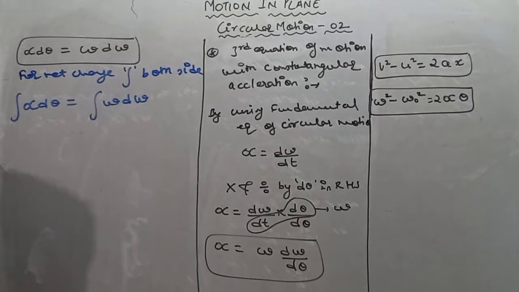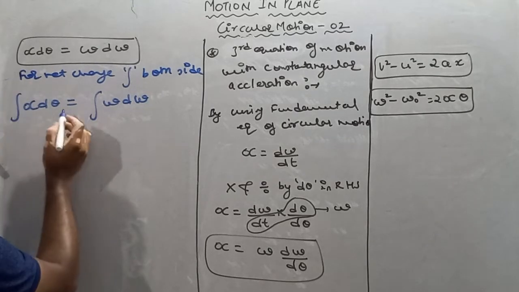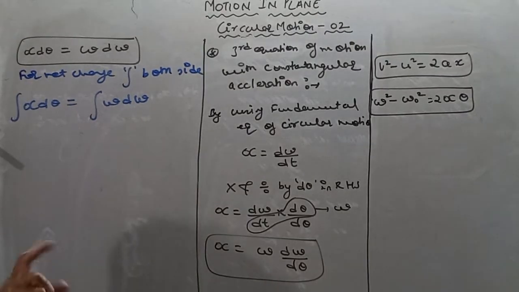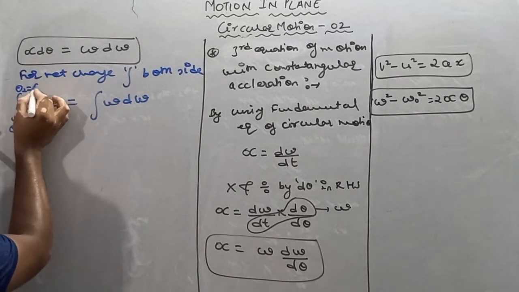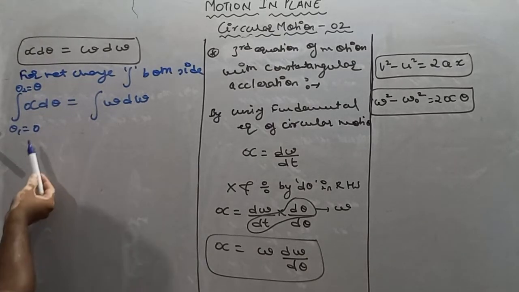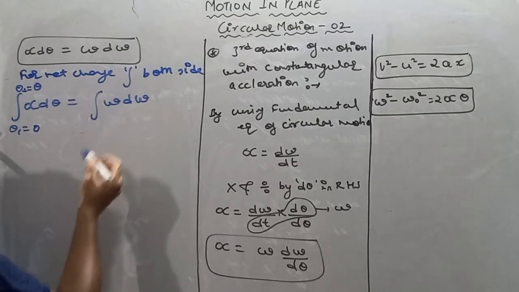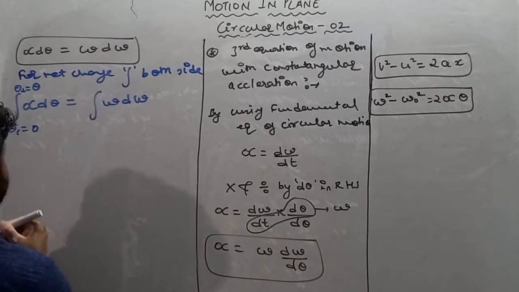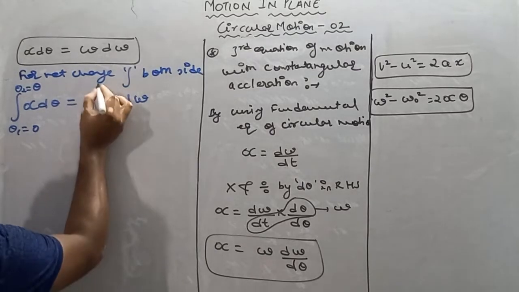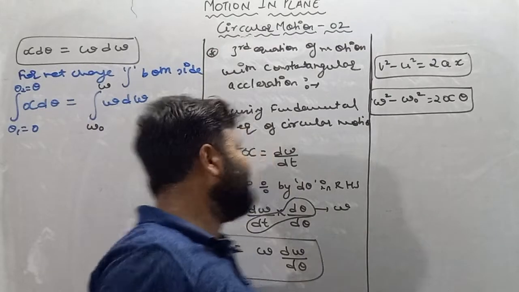Alpha is constant, so it comes outside. Angular displacement changes from theta 1 to theta 2, where theta 1 is 0 to theta. Similarly, angular velocity changes from omega naught to omega, that is, initial angular velocity to final angular velocity.